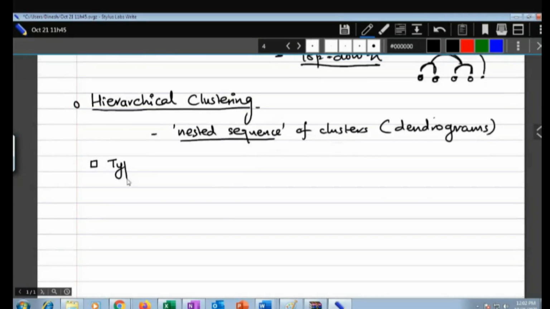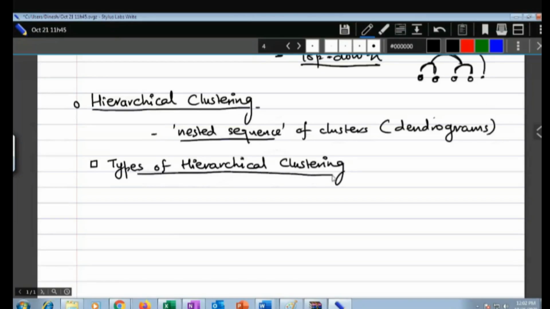Let us revisit the types of hierarchical clustering. How many types are there? Basically, there are two types.